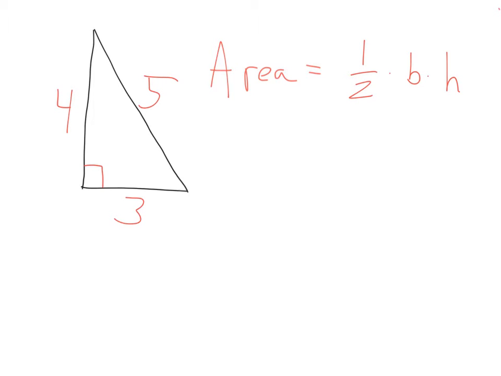The base is, however I've drawn it, the bottom. So if I had a pretend ground here, I got this triangle. My base is what's on the bottom. And then my straight up distance to the very tippy top, that's the height.